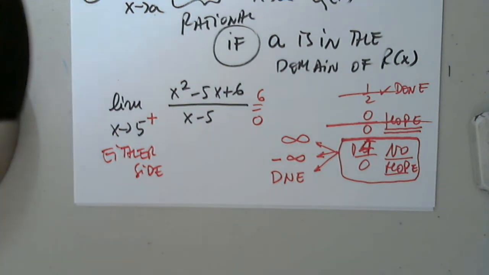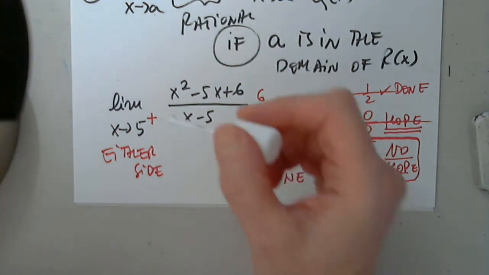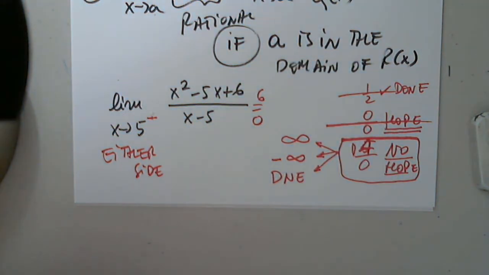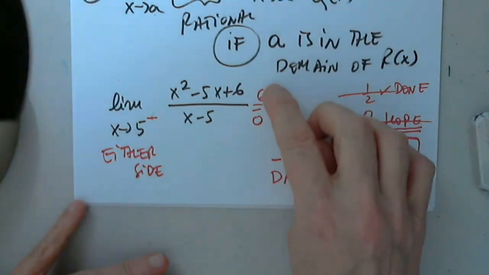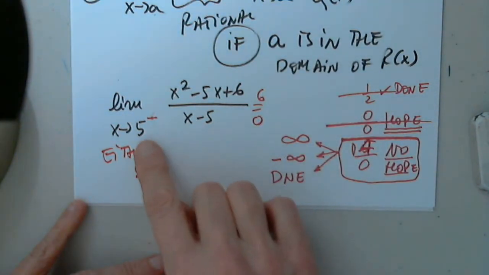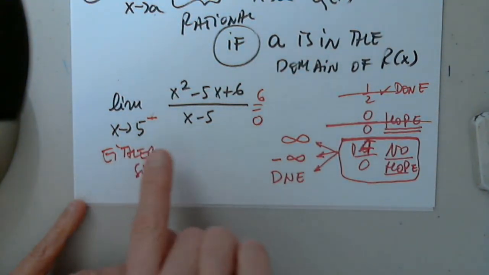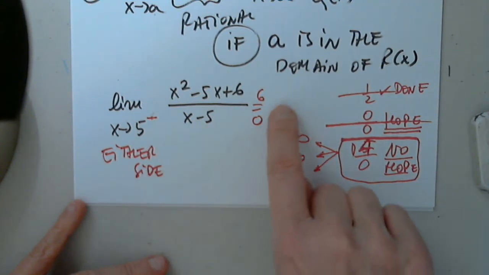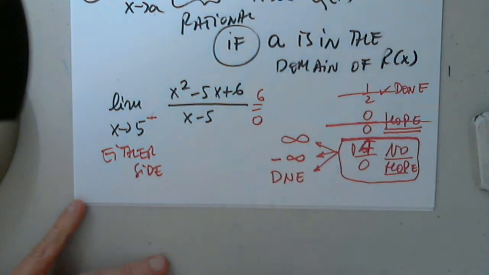If I'm asked to simply determine the limit from the left only, I have again no problem. The top is positive. 5 from the left is 4.9. 4.9 minus 5 is negative, and this will be negative infinity. But no, I have from either side.